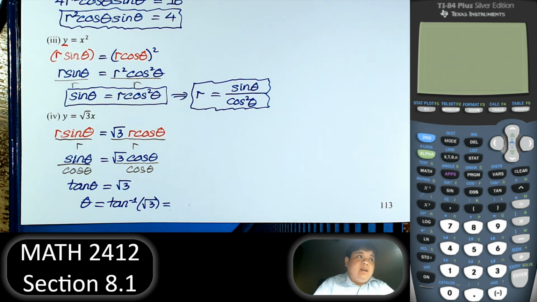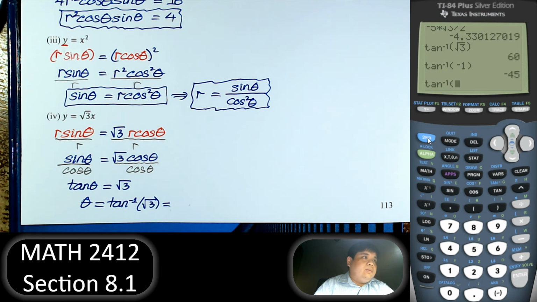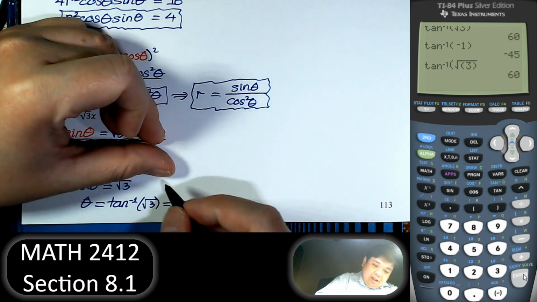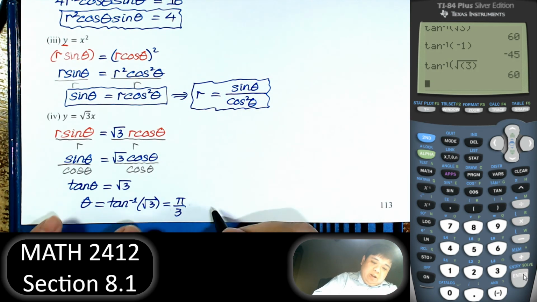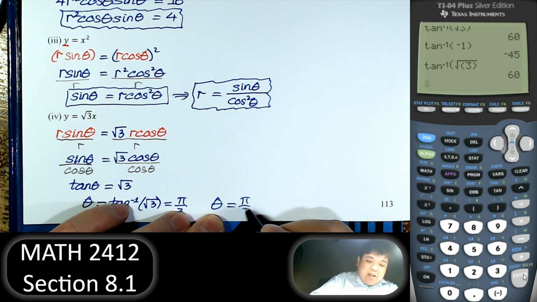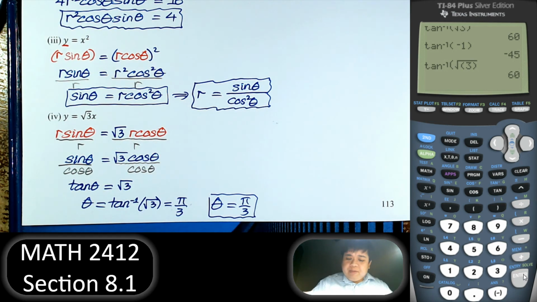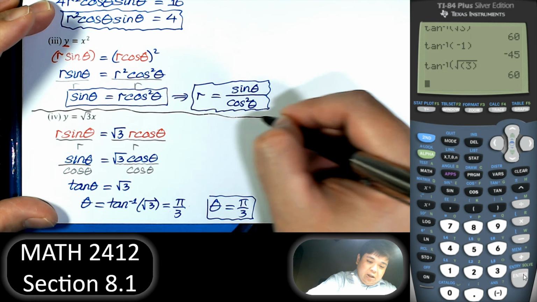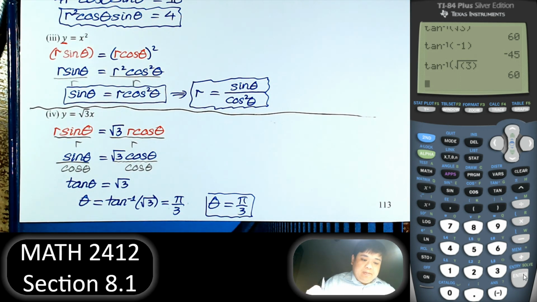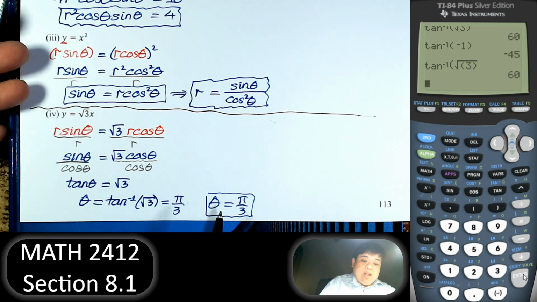And tangent inverse of square root of 3 must be 60 degrees or pi over 3. So we have the equation that just has theta in it. In this case, theta equal to pi over 3. So this equation is equivalent to that. This one is in rectangular form, this one in polar form.